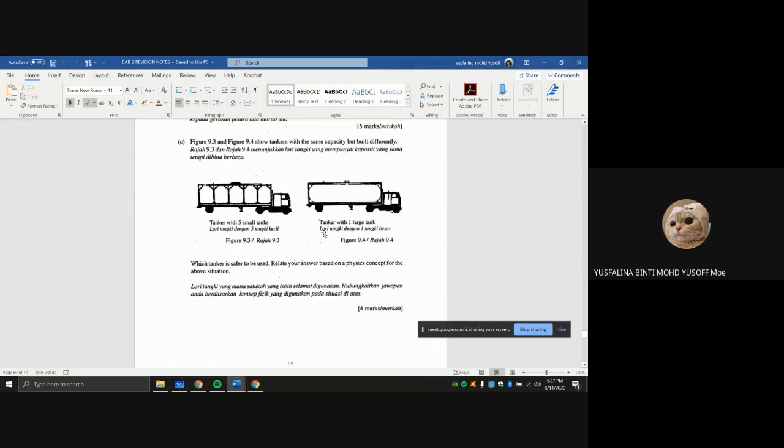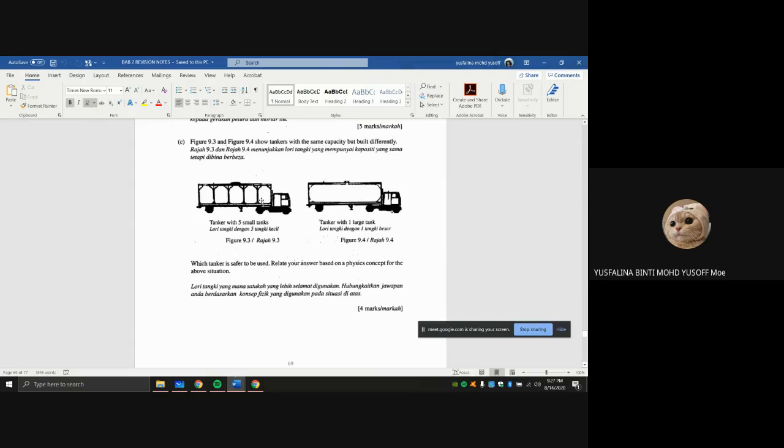Small tanks with distributed mass will have small inertia. Because if like this, there is only one, but this one you divide the mass into 5 partitions here. So the small tanks with distributed mass will have small inertia.